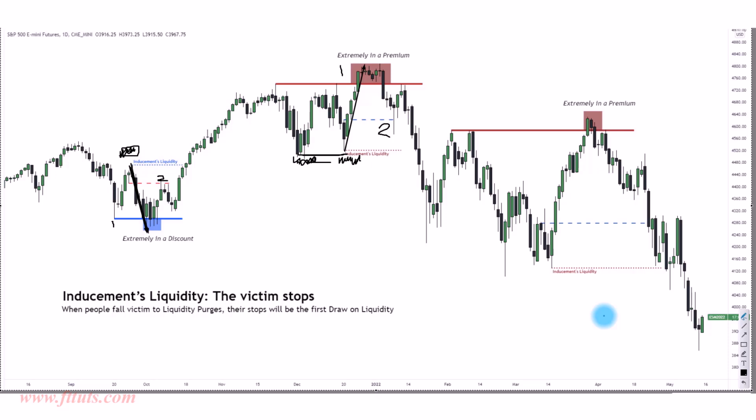So here, it breaks clean highs, where they're going to place their stops inside the range, or even here.